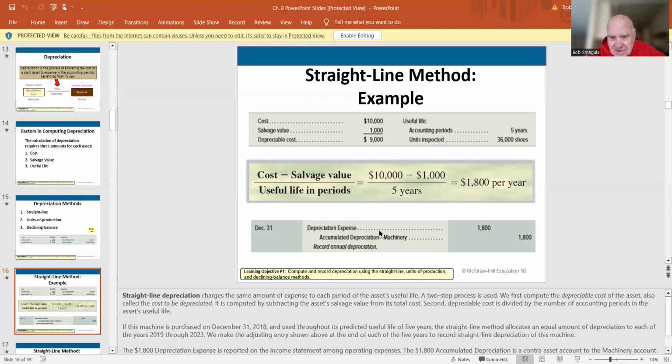So they're debiting depreciation expense and crediting an account called accumulated depreciation. Accumulated depreciation, in this case, machinery. Accumulated depreciation is a contra asset. As you know, all contra assets are married to somebody. The allowance for doubtful accounts, if you recall, was married to accounts receivable.